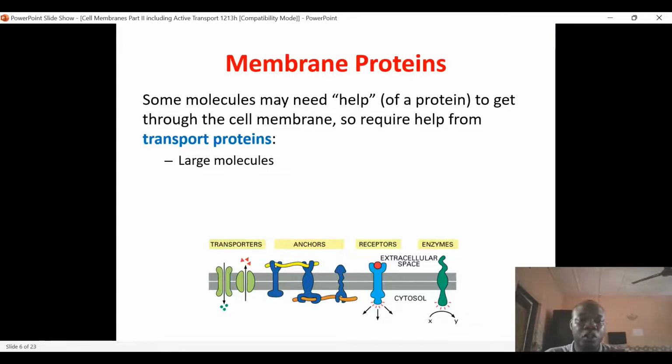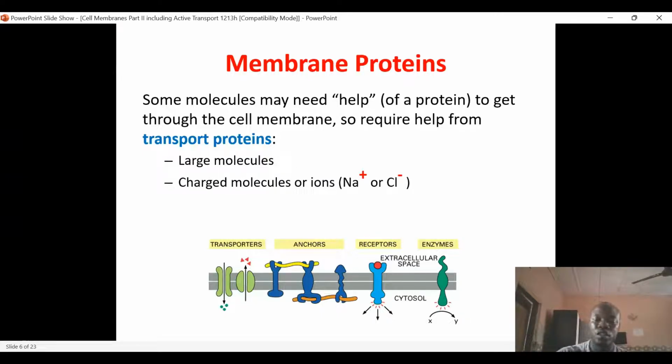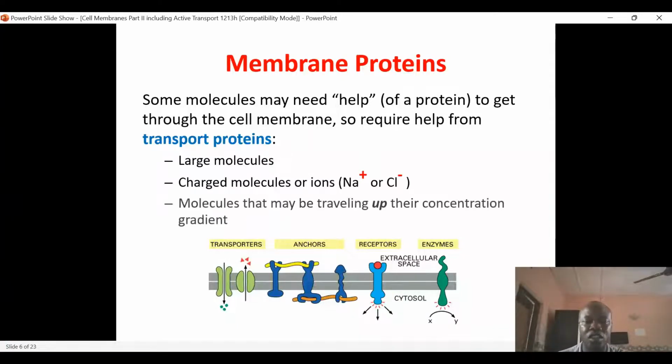Some of these molecules that need the help of the membrane proteins are the large molecules. Larger molecules generally need the help of transport proteins. Charged molecules or ions also need the help of these transport proteins. And then the next one, the molecules that might be traveling against their concentration gradient.